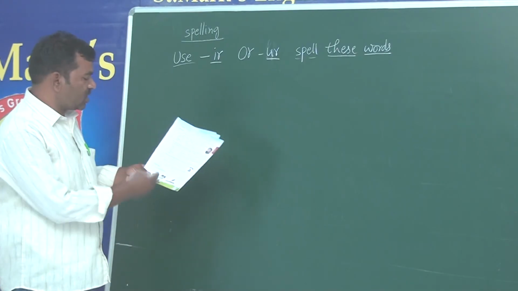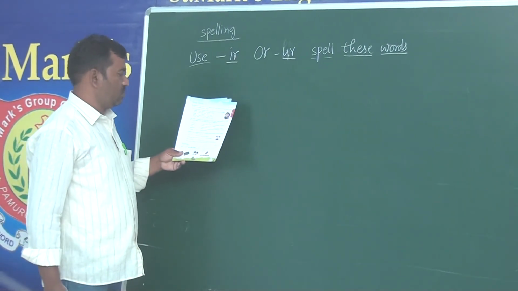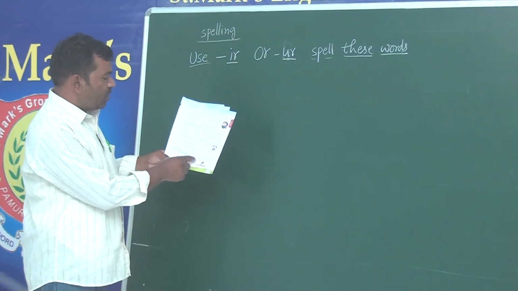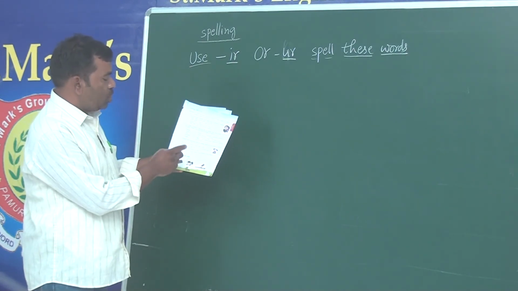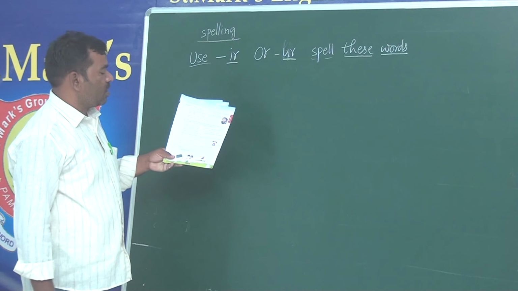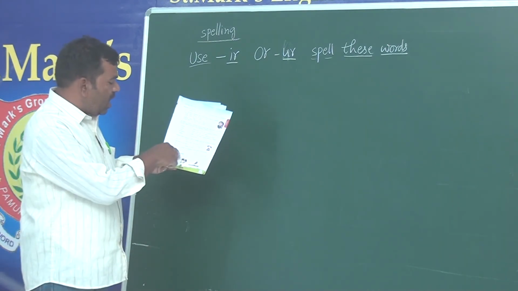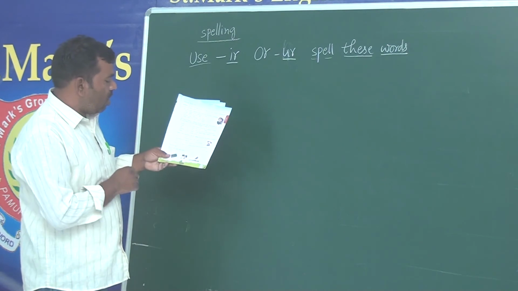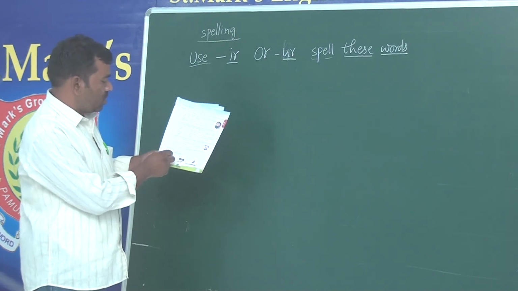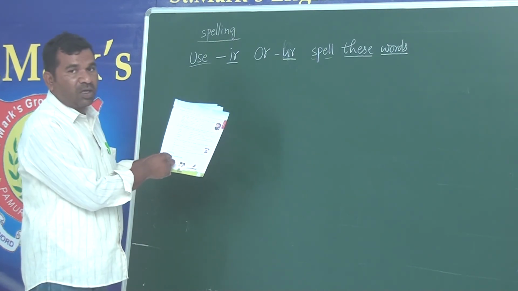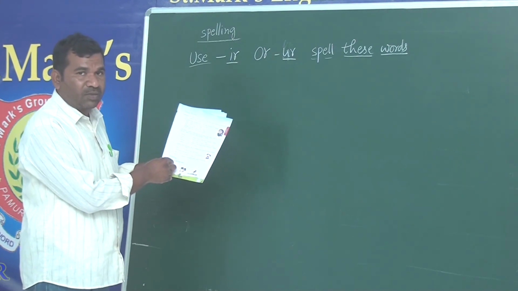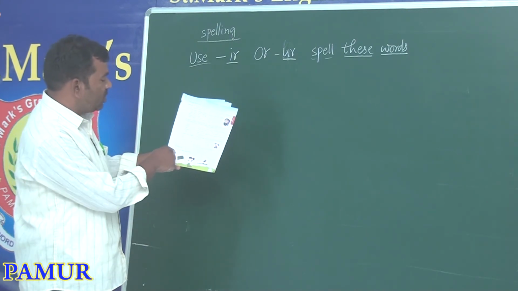Okay, children, and the last exercise is spelling. You see that down this page you are given a few letters, and in the middle of each word some letters are missing. You got it? Do you see this one?